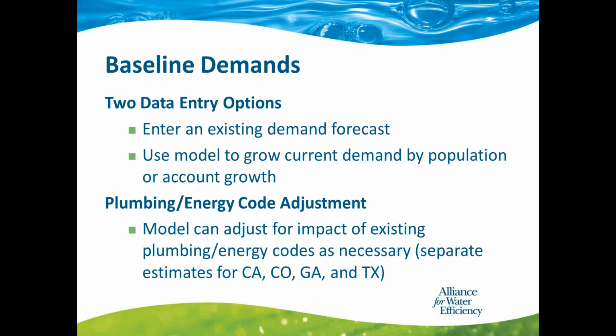So if you enter a demand forecast and it already accounts for the plumbing code effect, you can select to not have the tracking tool do that. But if your demand forecast has not taken that into account, you can have the tracking tool do that. And again, we have separate estimates for California, Colorado, Georgia, Texas, and then the rest of the states.